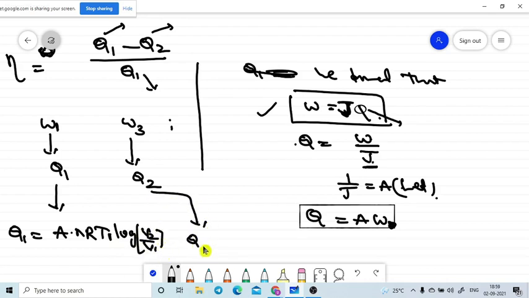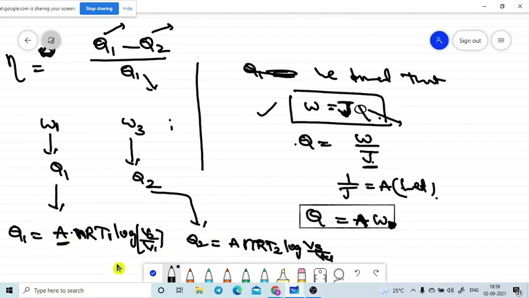Q2 is equal to A into nR T2 into log of V3 by V4. Now you don't have any doubt how we get the A value. The A value is nothing but 1 by J. So can I use this Q1 and Q2 directly?